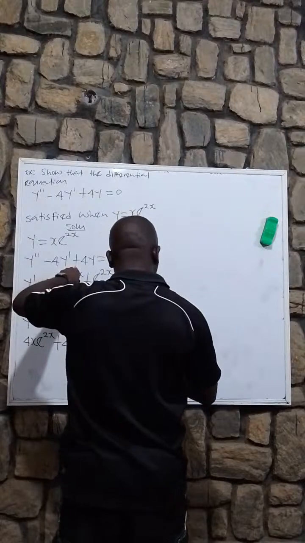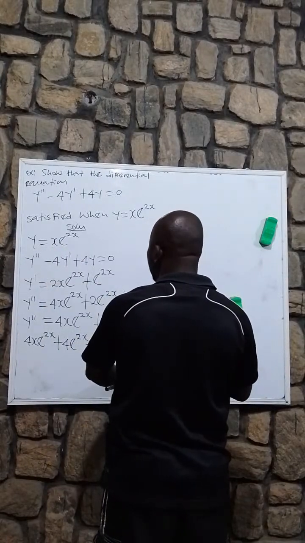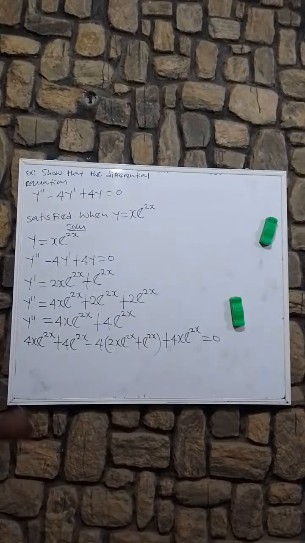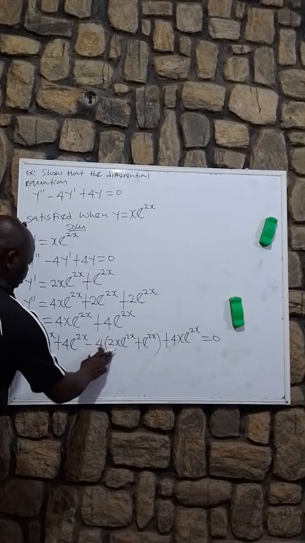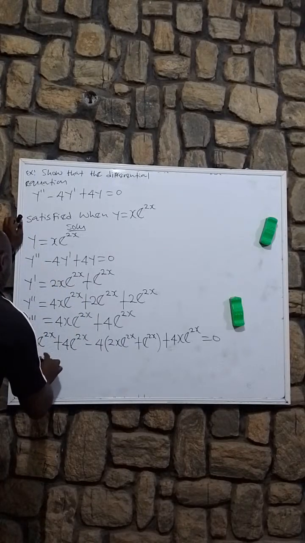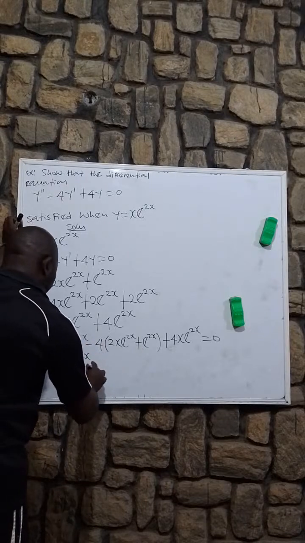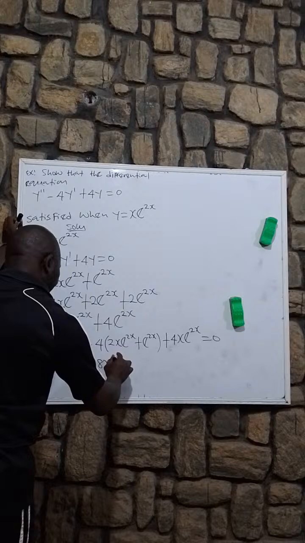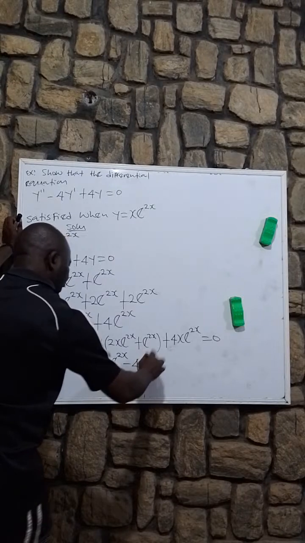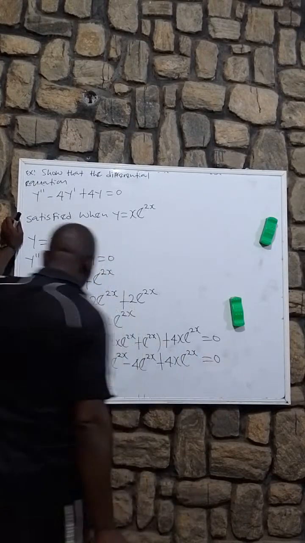Then plus 4 times y, which is 4x exponential 2x, equals 0. So we have 4x exponential 2x plus 4 exponential 2x, open this bracket, minus 8x exponential 2x minus 4 exponential 2x, then plus 4x exponential 2x equals 0.